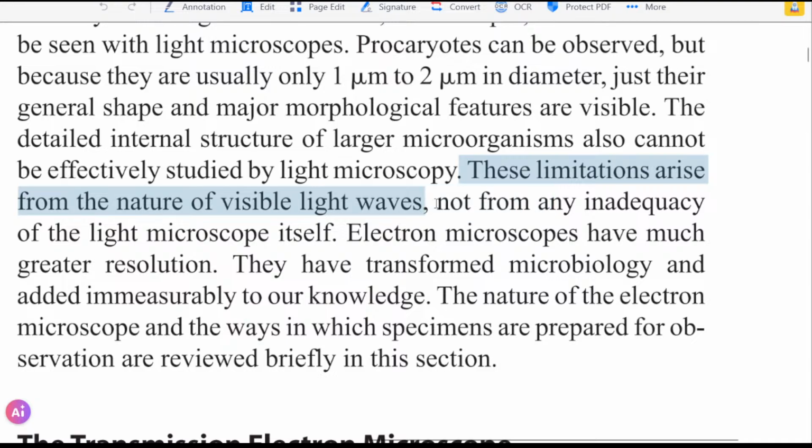So what is the basic problem in the light microscope that does not allow resolution below 0.2 micrometer? That is the wavelength.